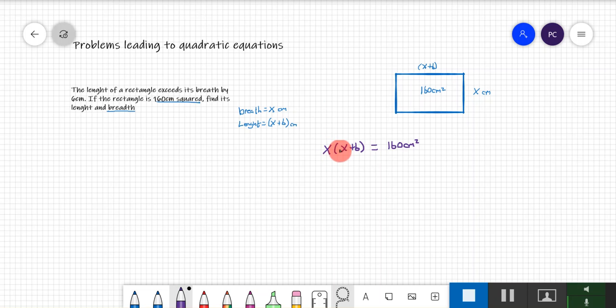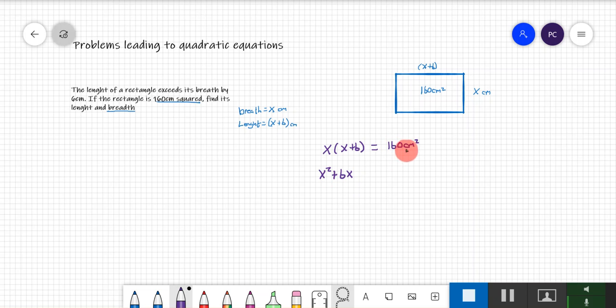Now we're starting to get a quadratic equation from this, and what we're trying to find out is what the breadth and the length are. So we can multiply this out. x multiplied by x is x squared, and x multiplied by 6 is plus 6x, equal to 160.